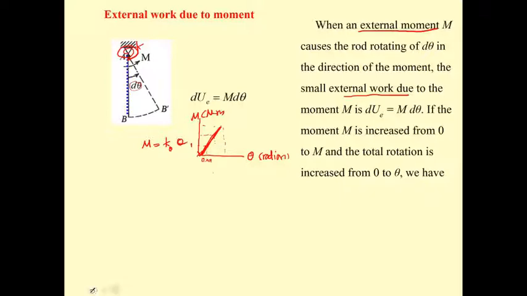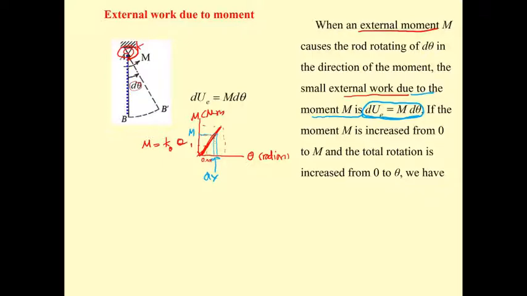And anyway, if you have the moment M here somewhere, that causes the small rotation here of dθ. So the energy due to the moment M causing the small rotation dθ is going to be M times dθ.